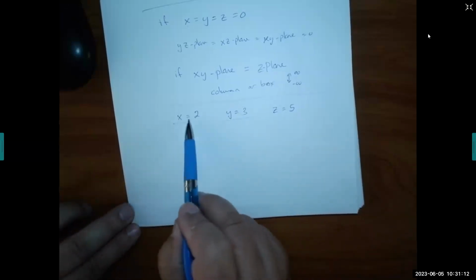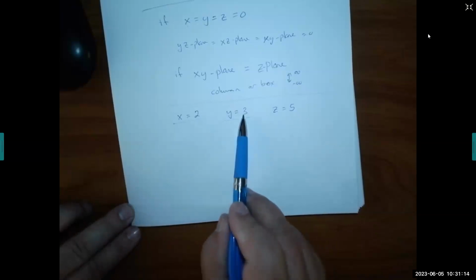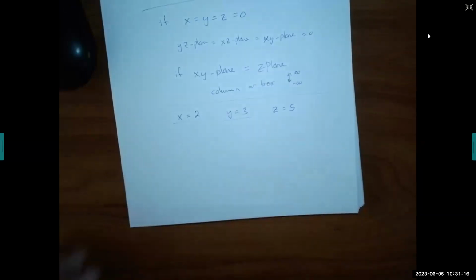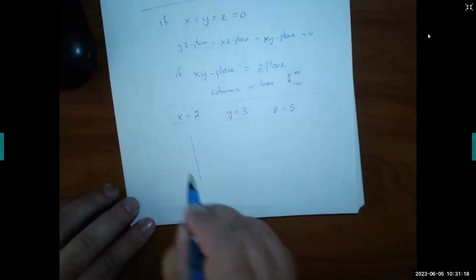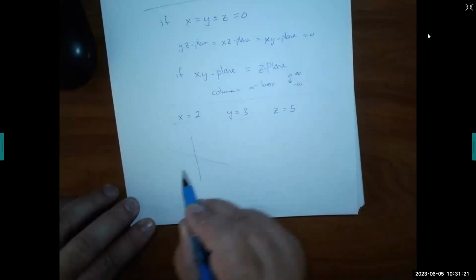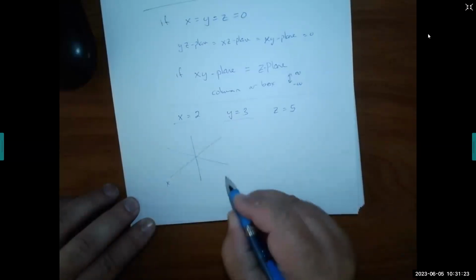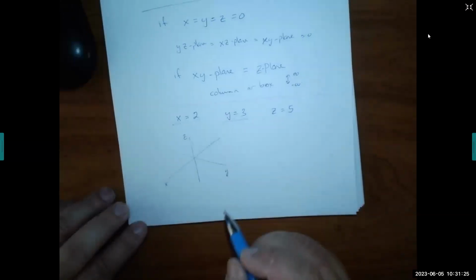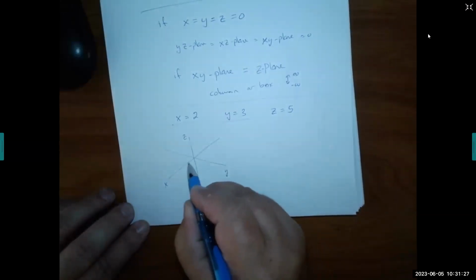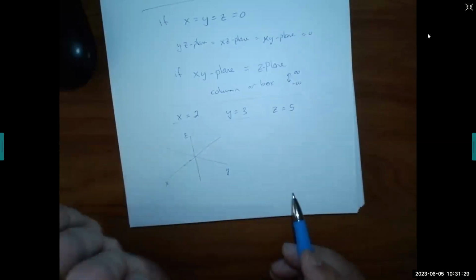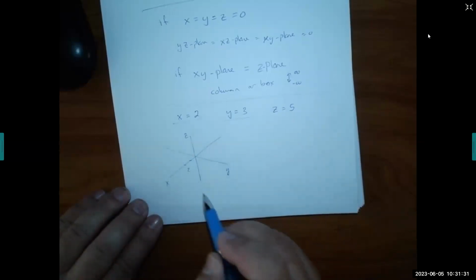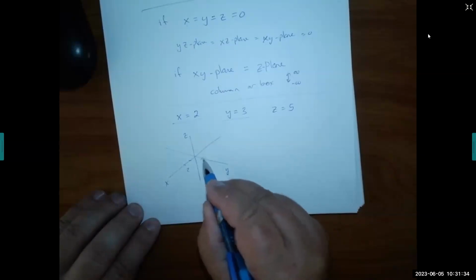Now, for these guys, if I said x equals 2 and y equals 3, if I intersected both of those, so this is my x, this is my y, and this is my z. If I had x at 2, that's a sheet, and y at 3.